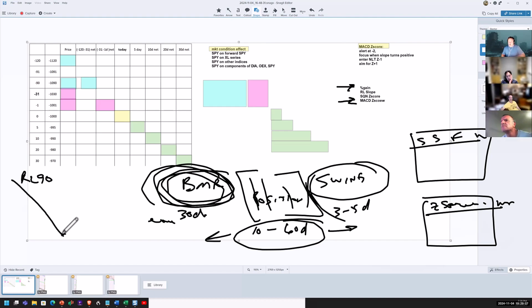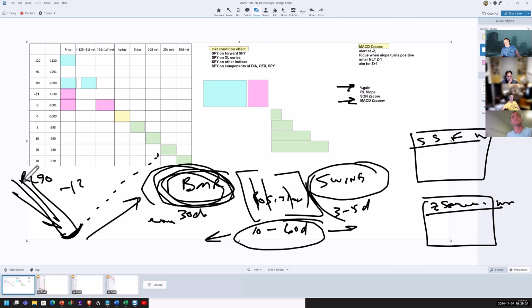And once the RL90 turns, man, you got a nice long run. So it turns out that the slope of the 90 gives you your directional bias. So it may simply be that when the RL90 goes below -1 Z-score in terms of negative slope, as soon as it comes back above +1, I can get long.